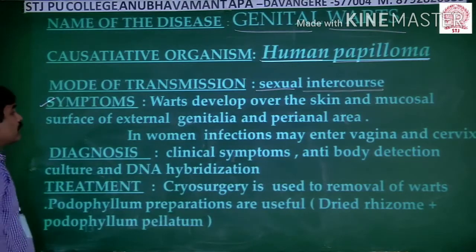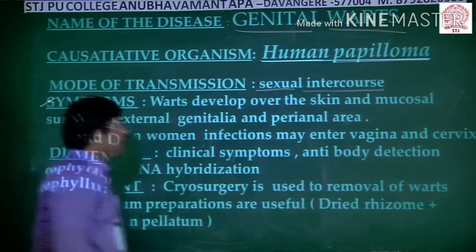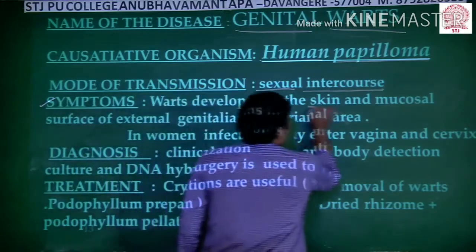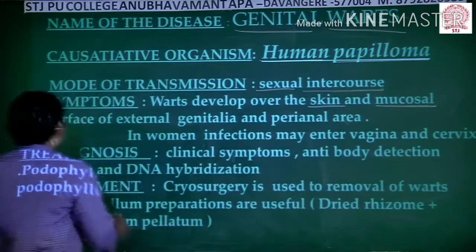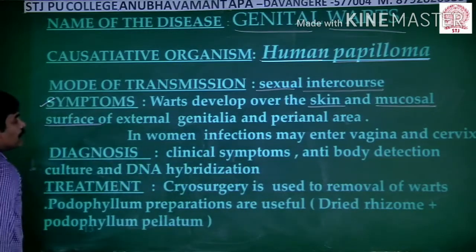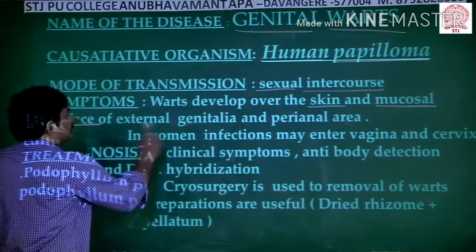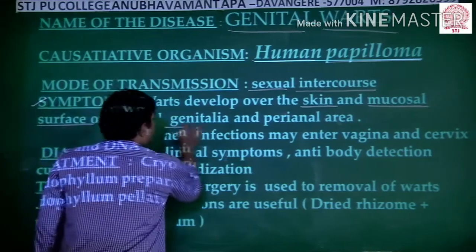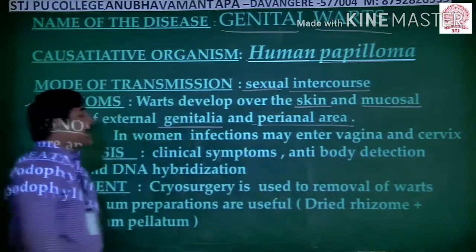Coming to the symptoms, genital warts always develop on the skin as well as on the mucosal surface, on the genitalia as well as the perianal area.